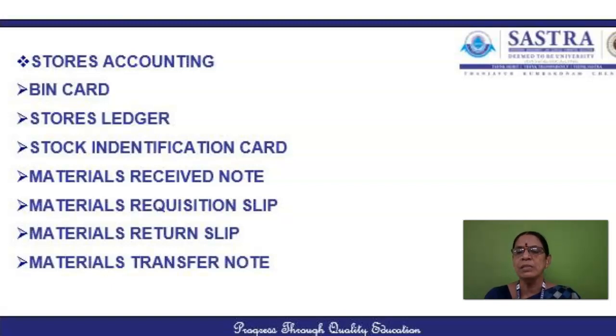So on seeing the bin cards, the storekeeper can easily identify when to reorder the materials. So the maximum inventory is said to be the maximum level of units that can be maintained to avoid excessive stocking.